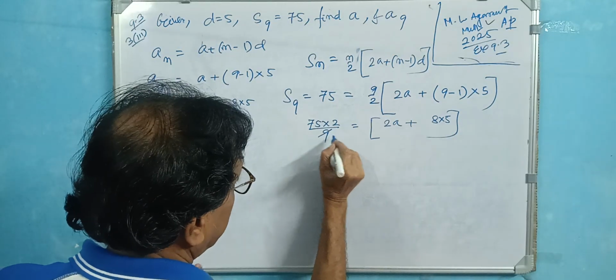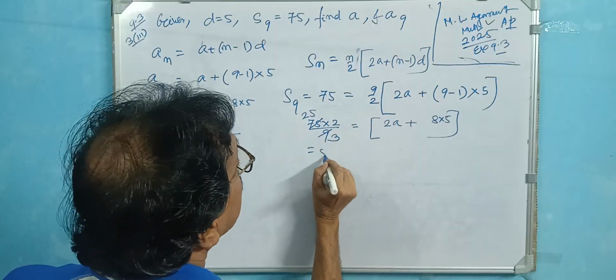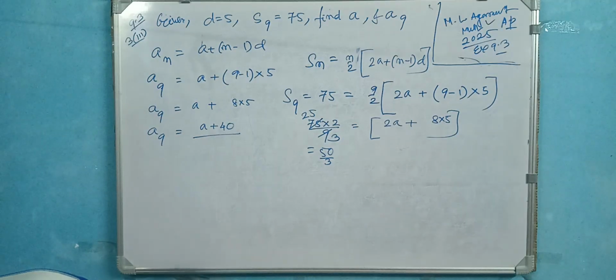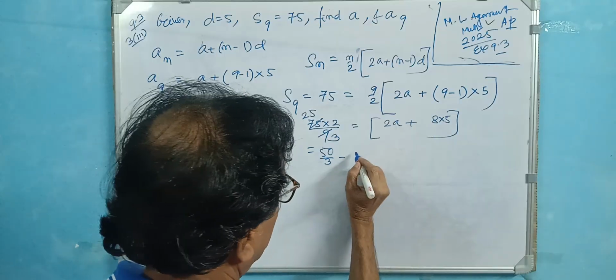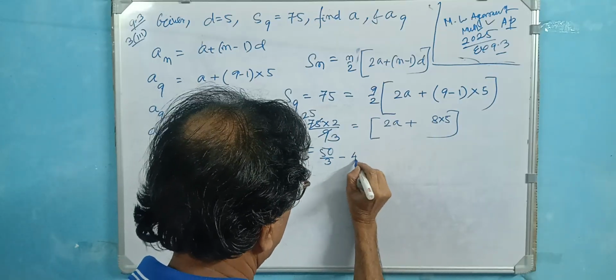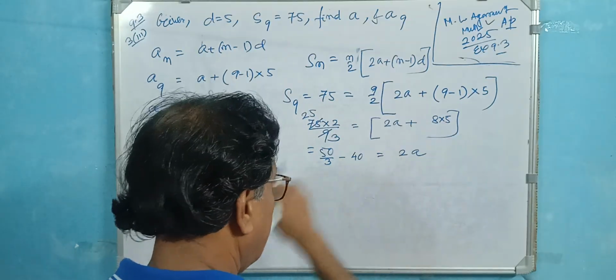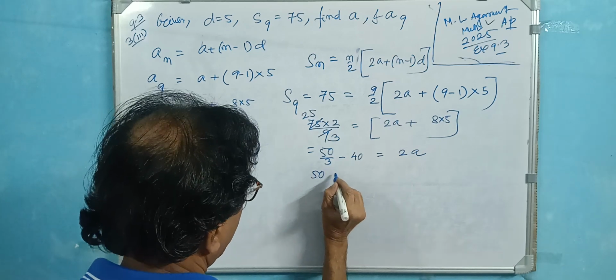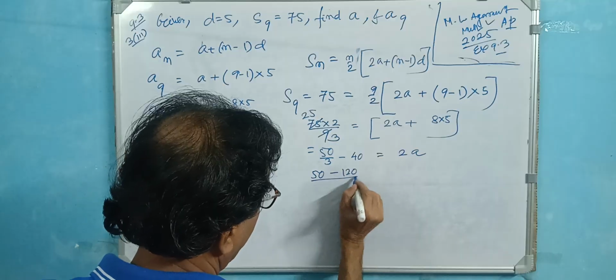Cut it, this is 3, 25, so this is 50 by 3. And minus this 40, that is equal to twice a, because 5 eights are 40, shifting minus. So this is 50 minus 120 by 3.